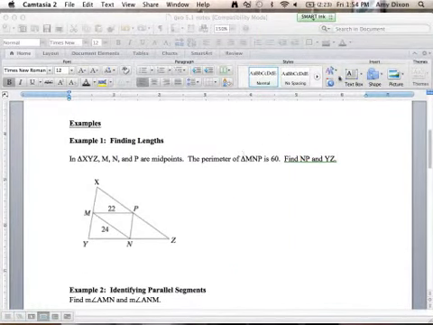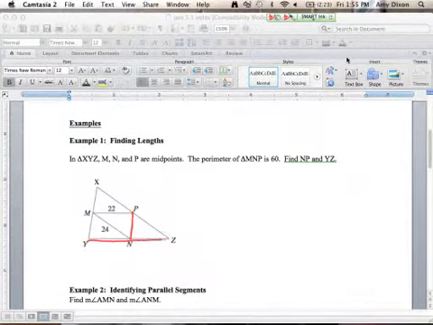Example 1, in triangle XYZ, M, N, and P are midpoints. The perimeter of MNP is 60, and we are told to find NP and YZ. So we want to find NP, this one, and YZ.